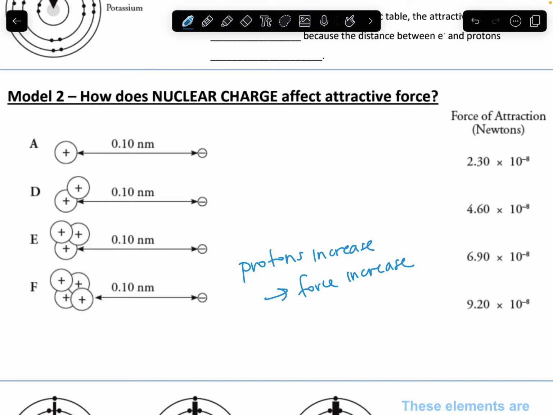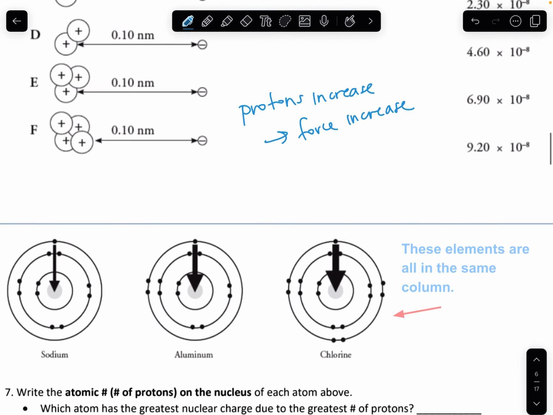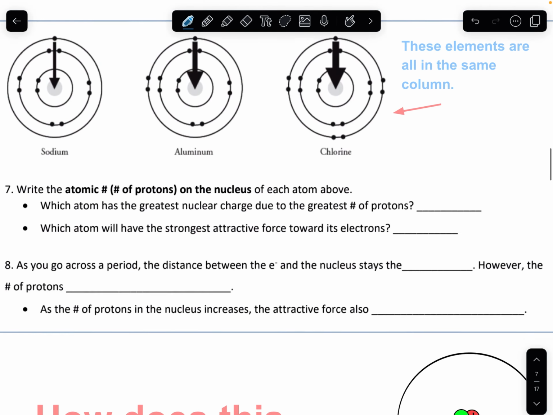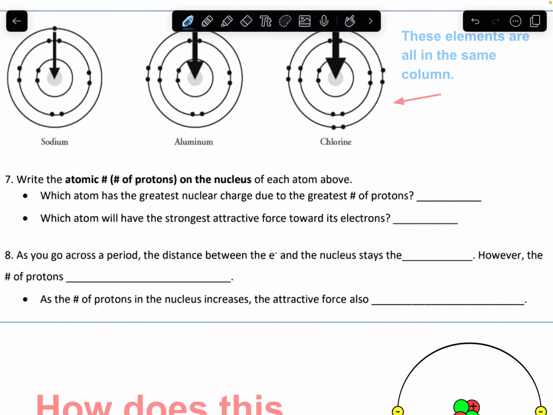So you can think of it kind of like a large magnet in the center of the atom, and as we're increasing the strength of that magnet, they're going to be able to attract those electrons a lot better.